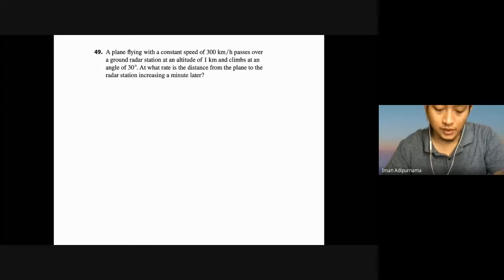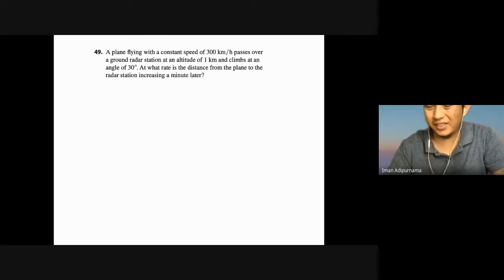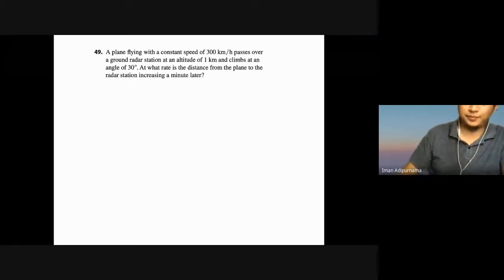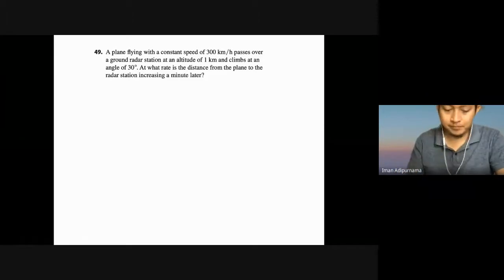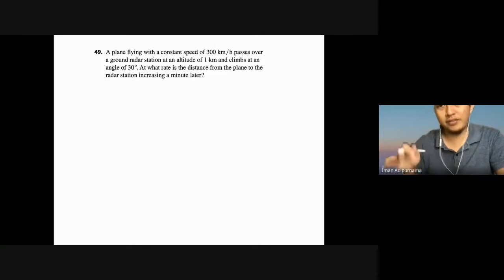So to understand what kind of distance and how it's going to increase, we need to at least draw the diagram. Let me give you a few minutes.